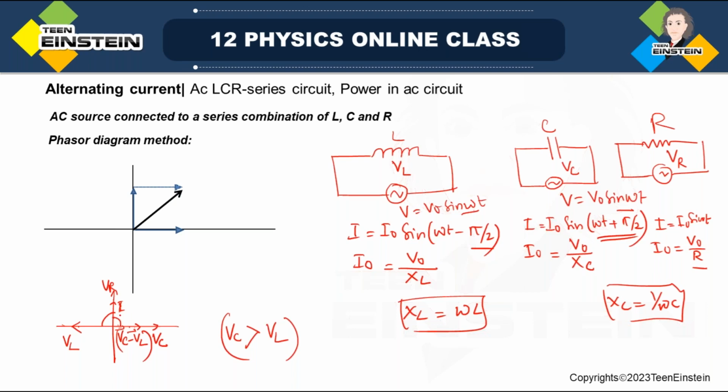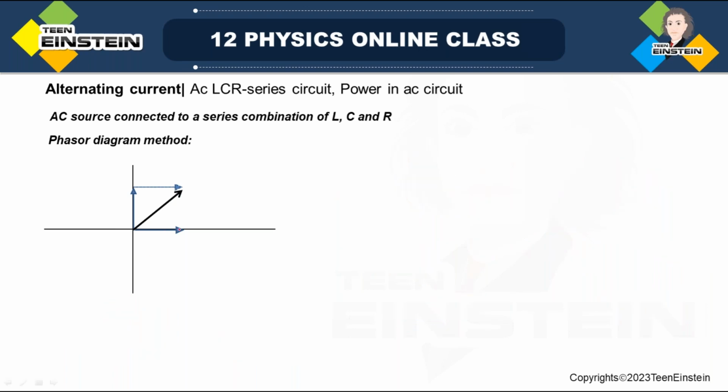So what will be the resultant voltage now? The resultant voltage will go somewhere like this, which will be V. Let us say that is the resultant, and it is making an angle phi with the current or VR. I'll show you here. Let me erase everything. So this is, suppose, VC minus VL.